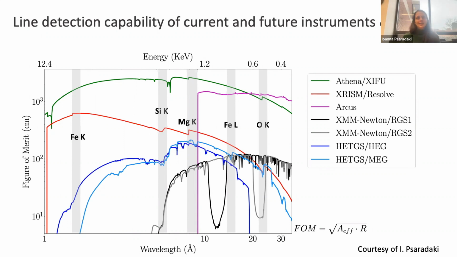Of course, we need good signal to noise as well. So I would say a good combination of both. That's why I like to plot the figure of merit in this way, because for me both of these things are important up to a degree. Thank you very much. Excellent question.